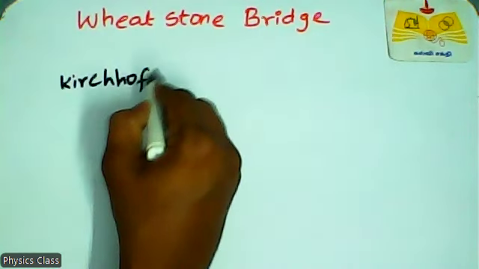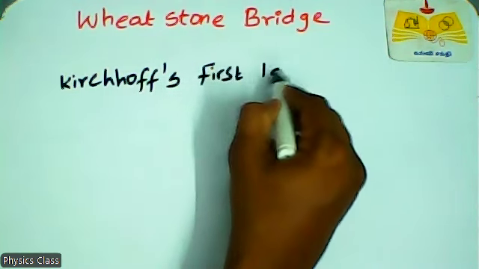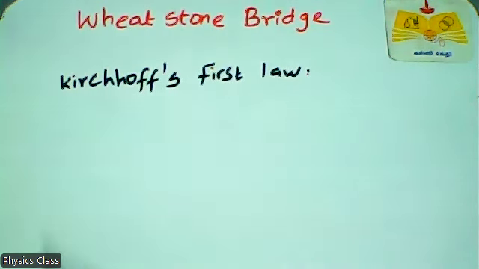Kirchhoff's laws. So there is a first law and a second law. The first law, Kirchhoff current law, is also known as Kirchhoff's first rule, current rule, junction rule, a lot of names for this rule.